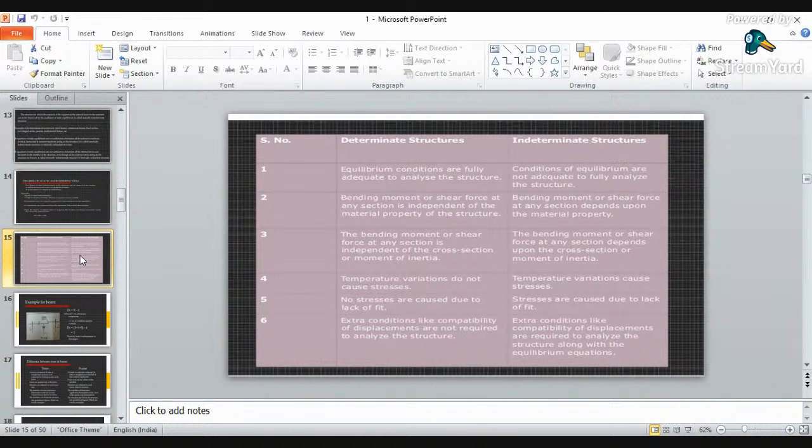Then, as it is a determinate structure, there is no need of other types of conditions like compatibility, displacement, superposition, etc. In an indeterminate structure, there is a need of extra conditions like compatibility and displacement for analyzing the member or structure.